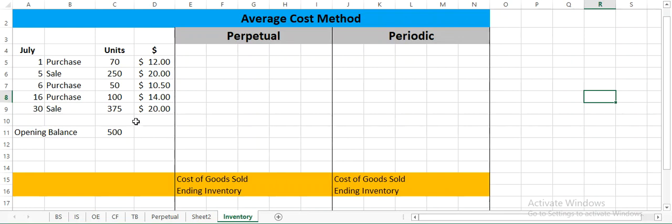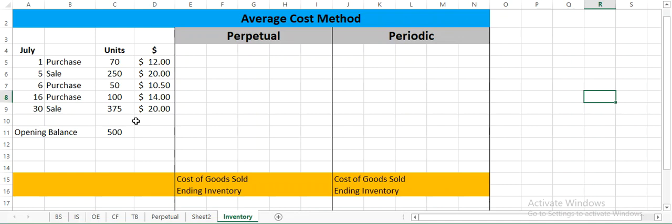Under the average cost method, we remember that what we do first is calculate the average cost of inventory, and we use that average cost to calculate the value of the ending inventory and the cost of goods sold.